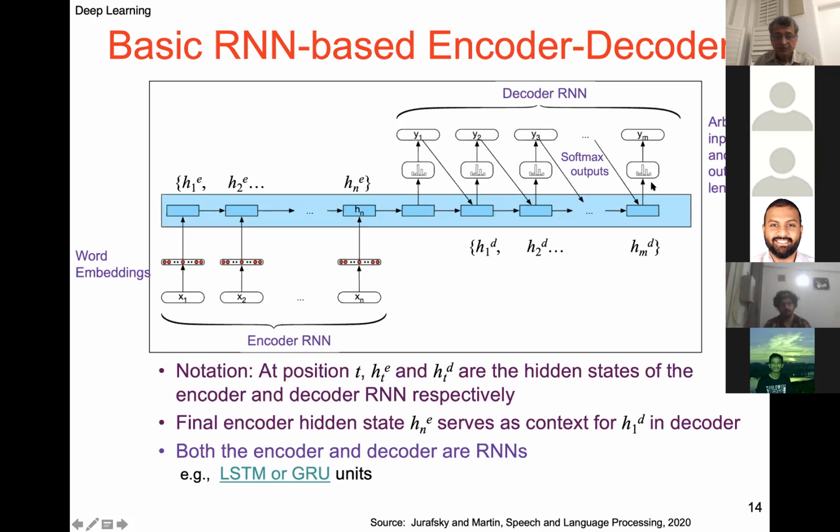Arbitrary input and output lengths here. At position T, HTE and HTD are the hidden states of the encoder and decoder RNN respectively. And final encoder hidden state HN of E, which is this one here, serves as the context for H1 of D in decoding. And both the encoder and decoder are RNNs, and it could even be an LSTM or a GRU, one of those standard RNN methods.